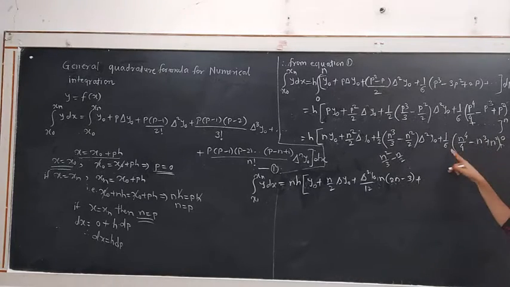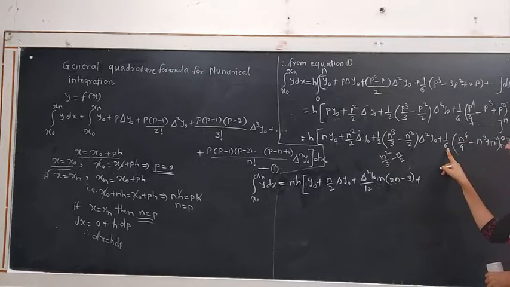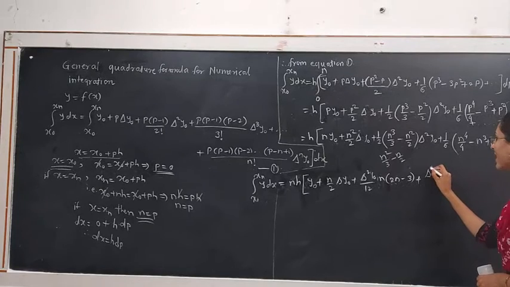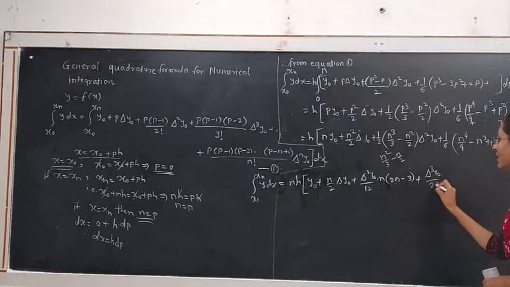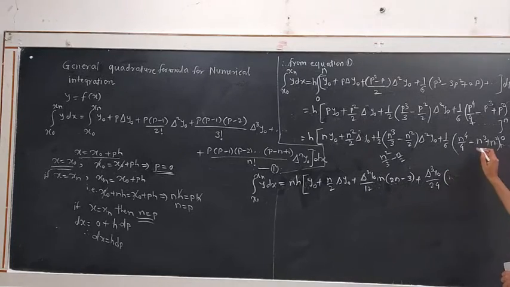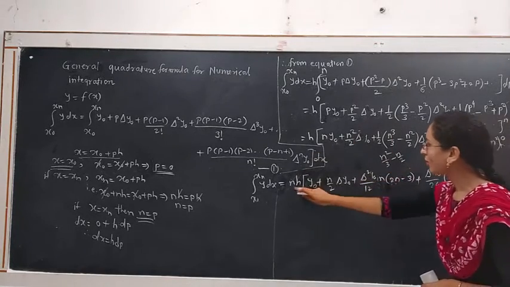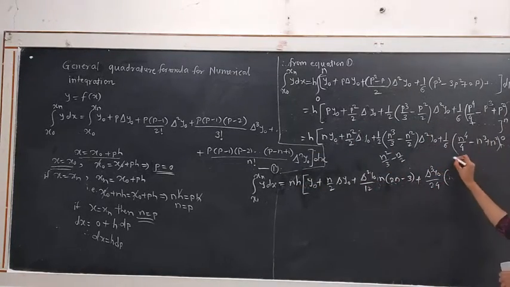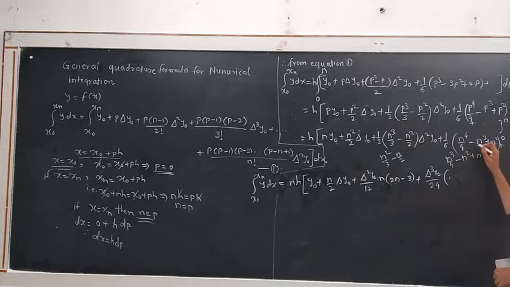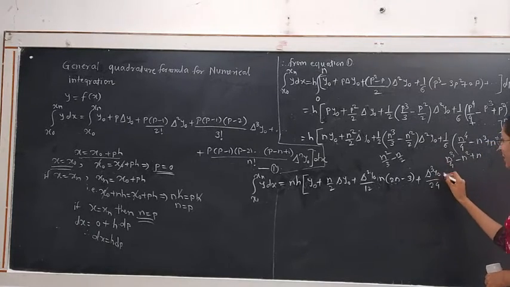Plus, LCM of these terms is 4. 4 into 6 is 24, means it is del cube y0 upon 24 in bracket, n raised to 4. Because n is taken common, here we get n cube upon 4 minus n square plus n. Again we consider n as common into n. What remains?